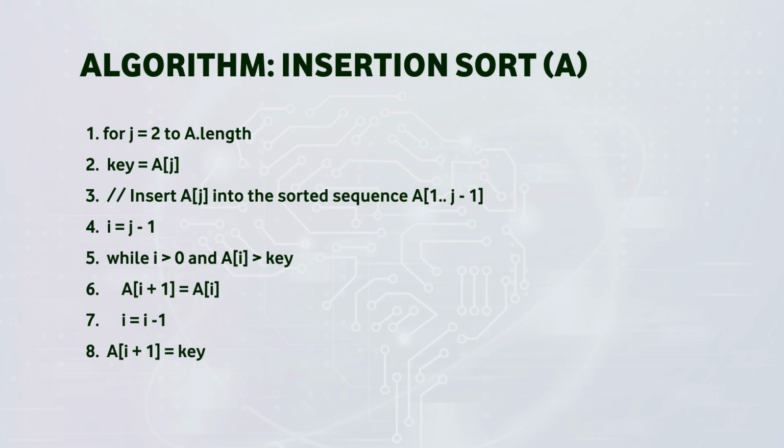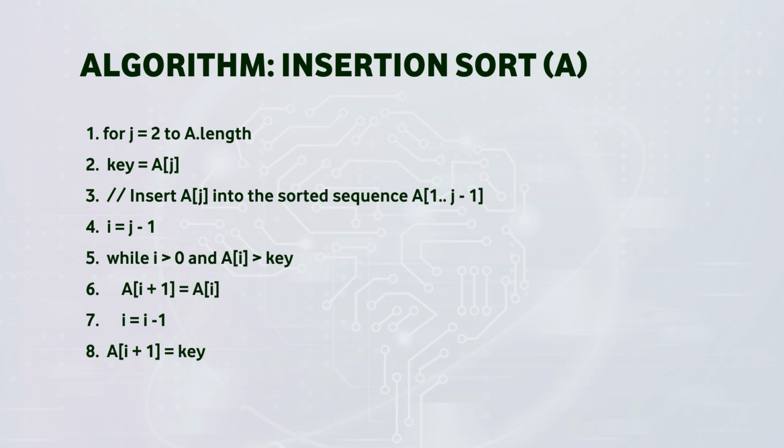First we keep the key value, that is A[j], and i equals j minus 1. In the while loop, we consider i greater than 0 and A[i] greater than key. If so, we assign the A[i] value to A[i plus 1], correspondingly decrease the i value, and finally assign the key value to A[i plus 1].